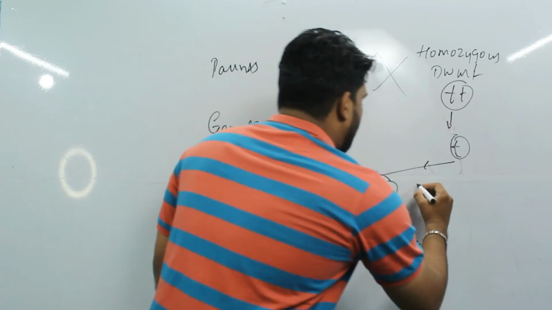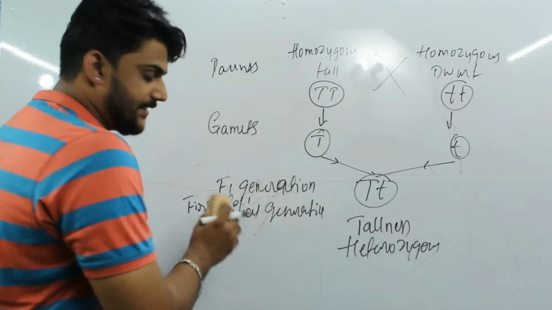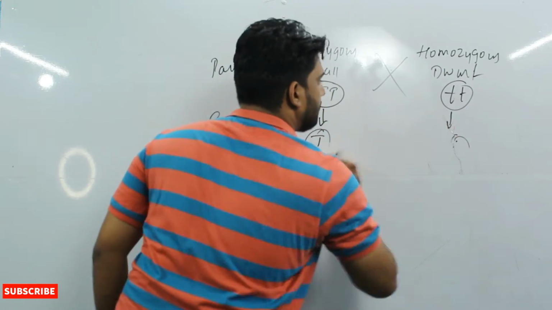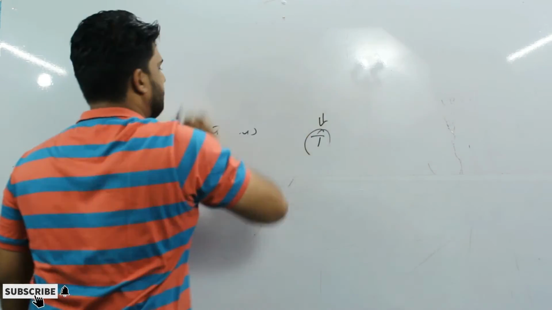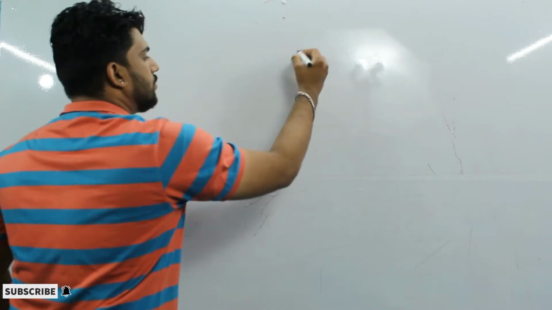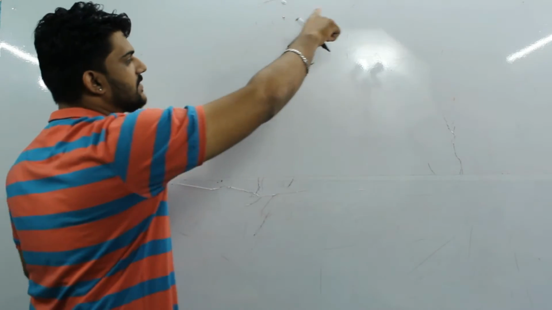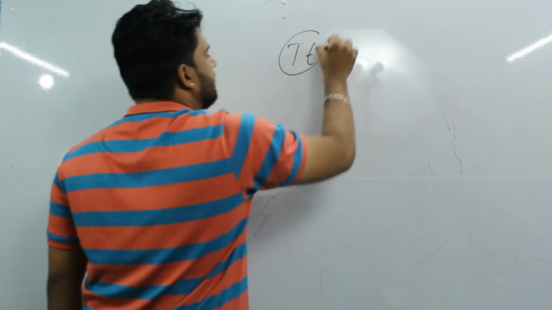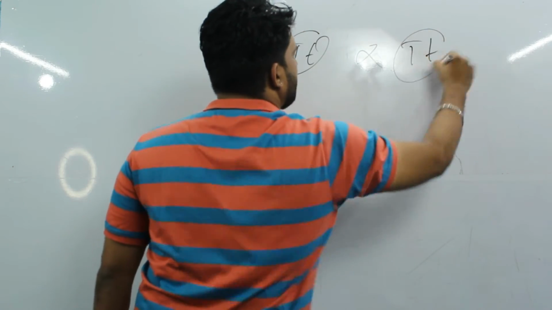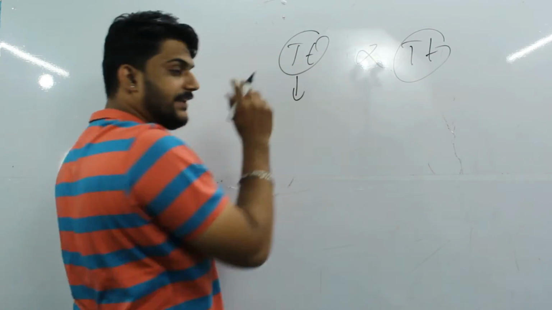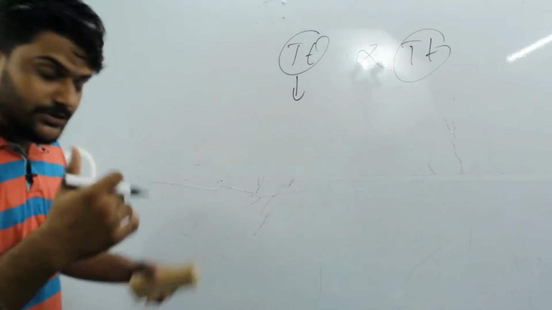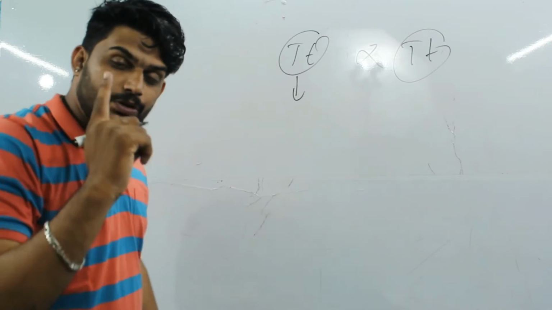Okay, and he crosses them. So I'll do it here. So see here, he crossed. I'll not write heterozygous tall again, so he crosses them. Okay, so here do we get one or two?